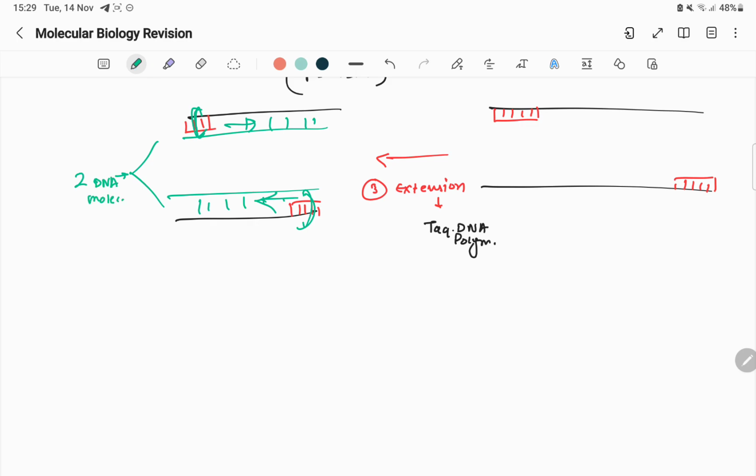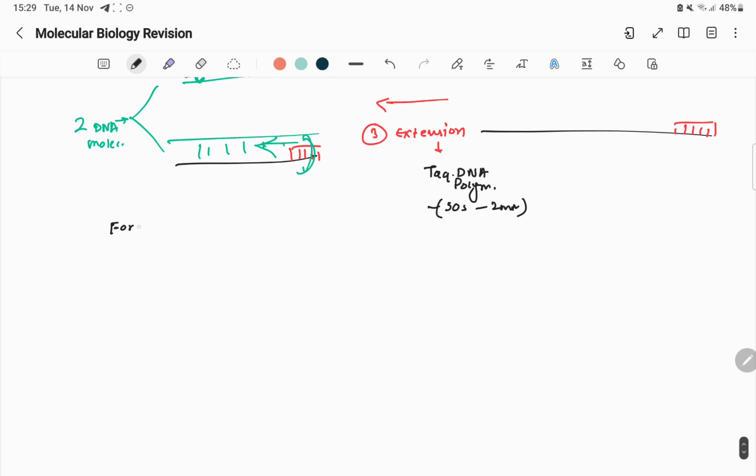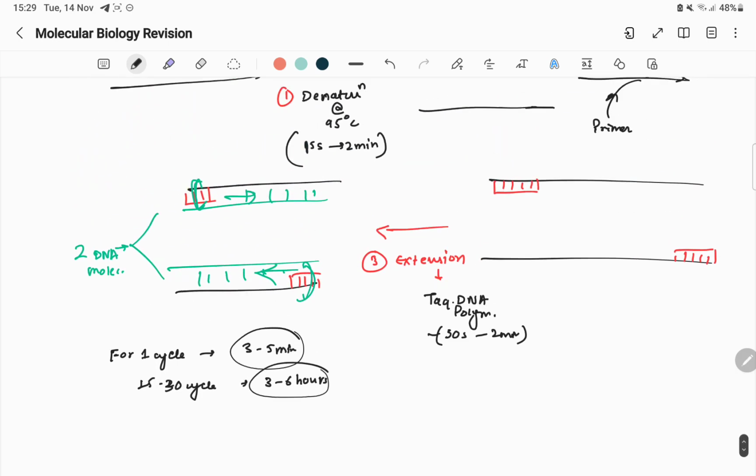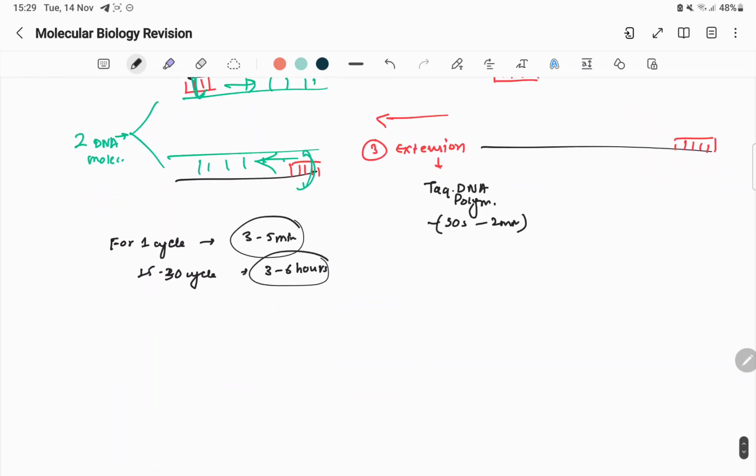The extension is done for about 30 seconds to 2 minutes. So one cycle requires about 3 to 5 minutes, and 25 to 30 cycles will require about 3 to 6 hours. Understood? You can repeat these steps again to produce more DNA molecules for amplification.